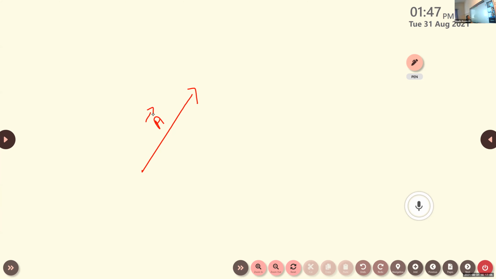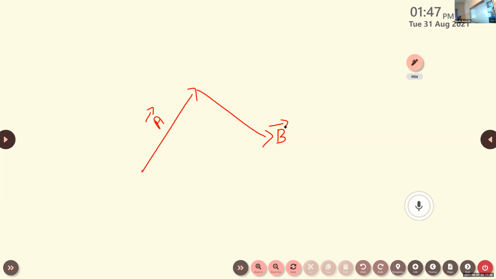This is our vector A. And then place vector B like this. So we have two vectors, vector A and vector B, arranged like this.